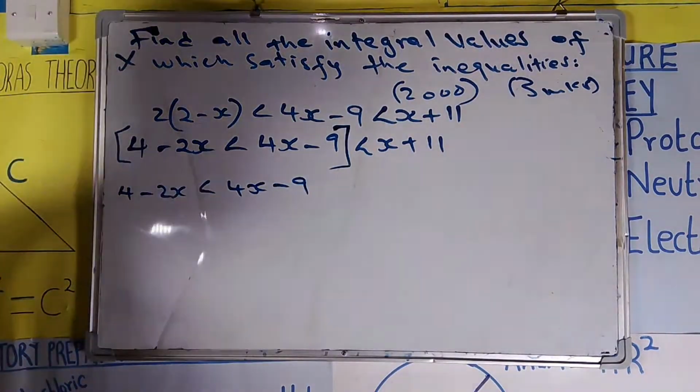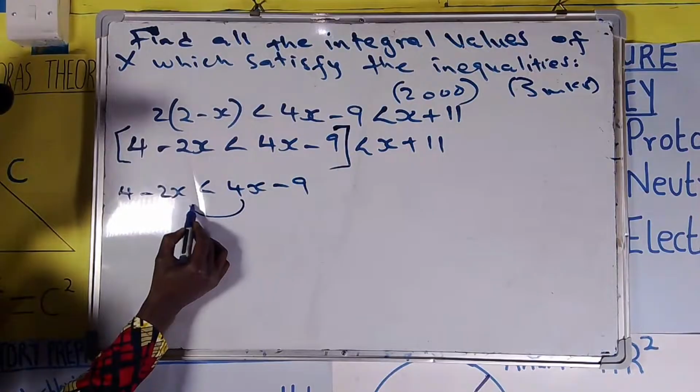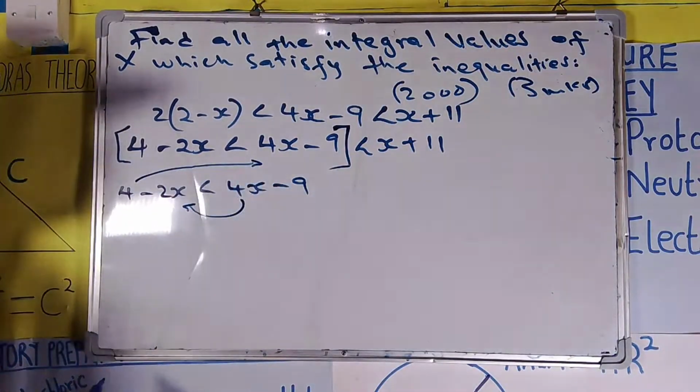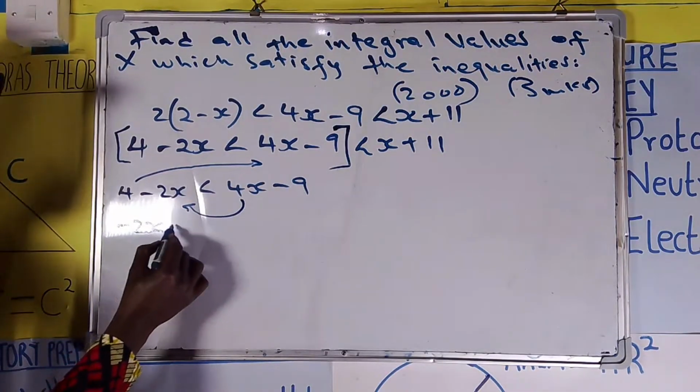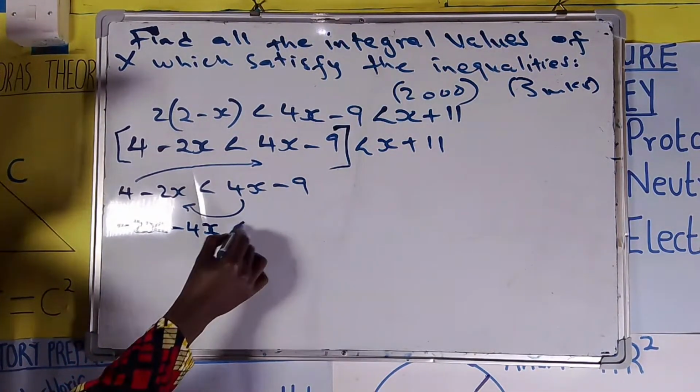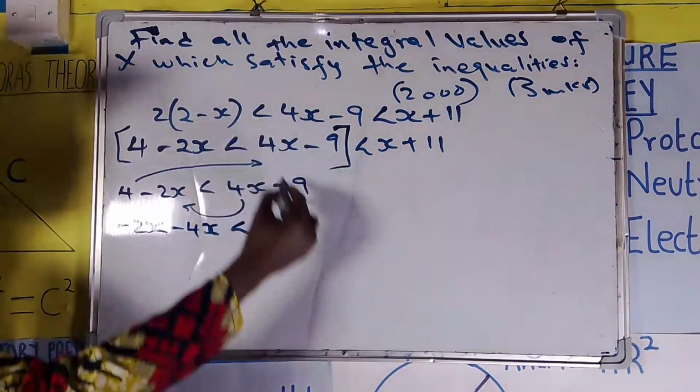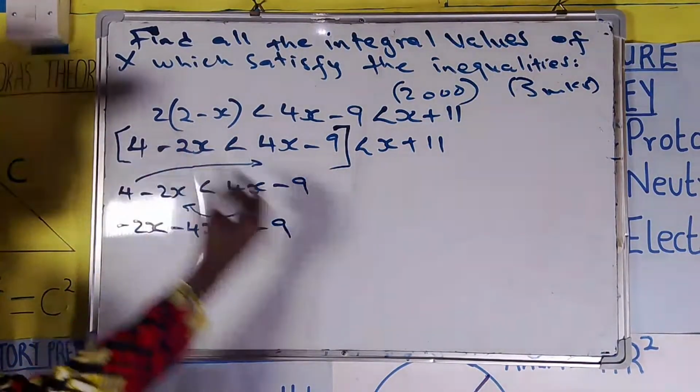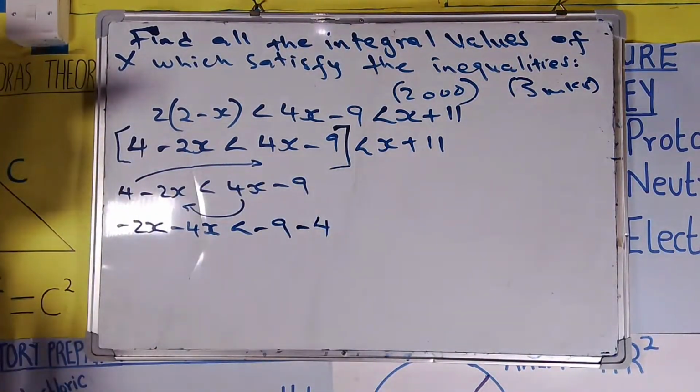We put the like terms together. Tulete hii huku, tupeleke hii kule. Tukifanya hivyo, tutapata minus 2x minus 4x is less than, hii ni negative 9, 4 ikienda huko itakuwa minus. Tunaelewana? Yes.